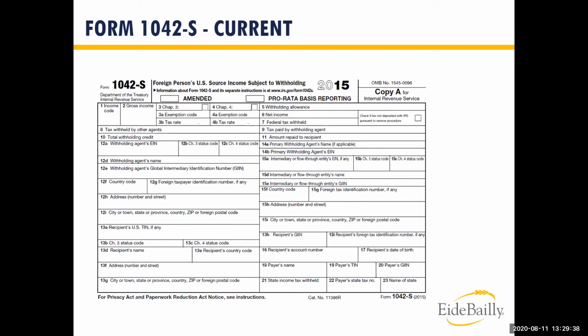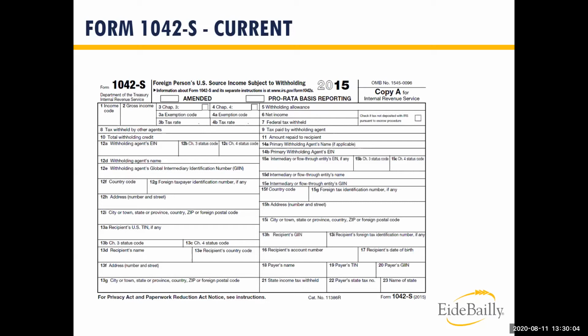This one is the 1042-S, so you can think of this a bit like the 1099. At the end of the year, you would typically send your vendor the 1099 reporting the payment, and this one is what you would send to a foreign person. Again, you have the Chapter 3 and Chapter 4 boxes on the top, items 3 and 4.